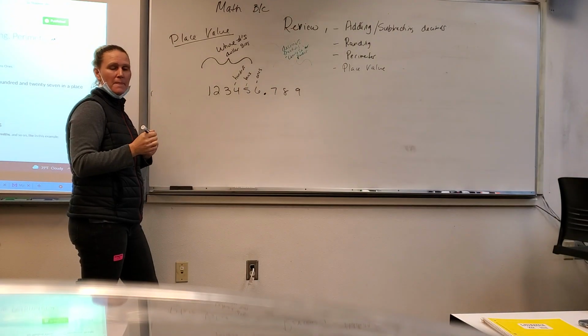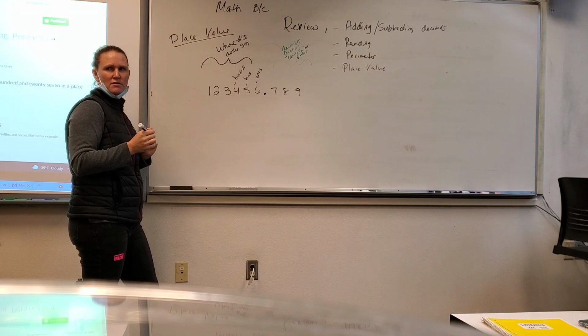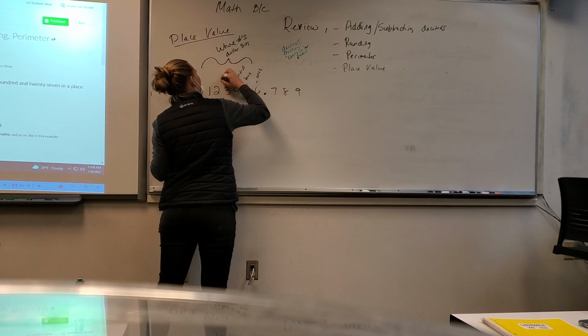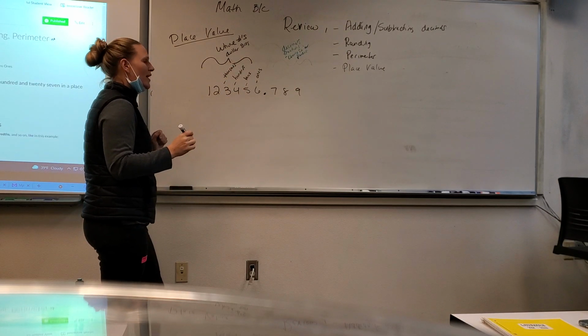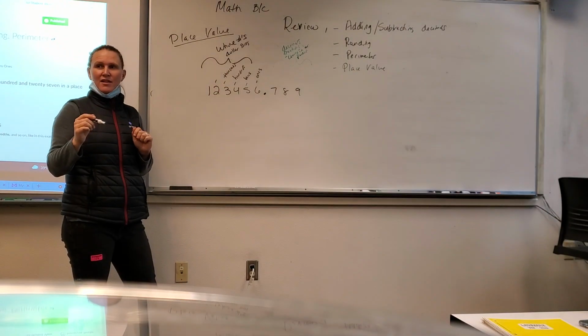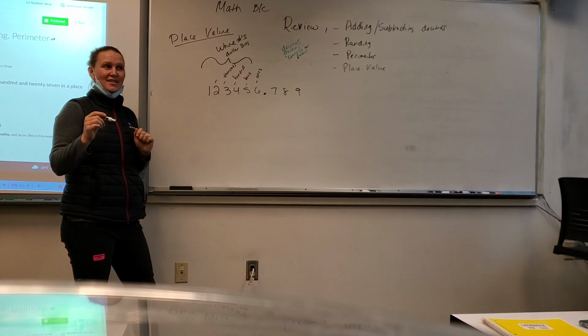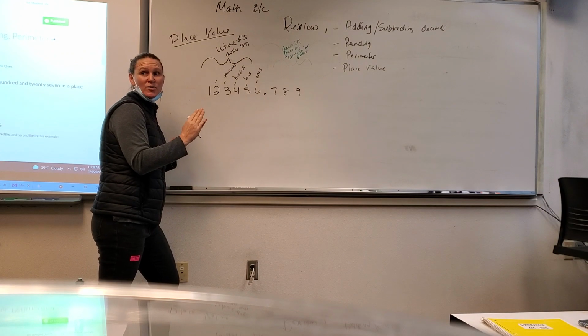Then what? What comes after hundreds? Thousands. Fantastic. Thousands. Then what? Close. First it goes thousands, then 10,000s.